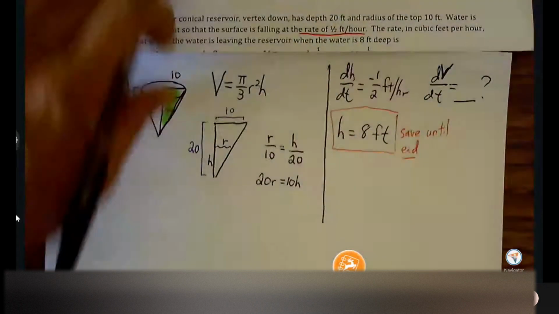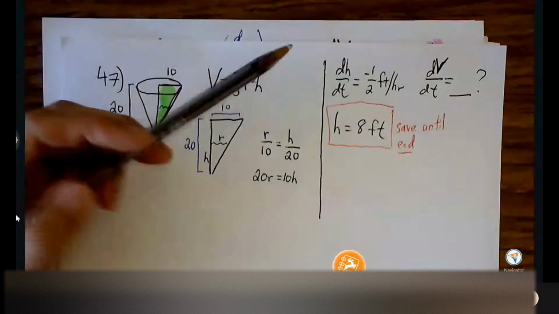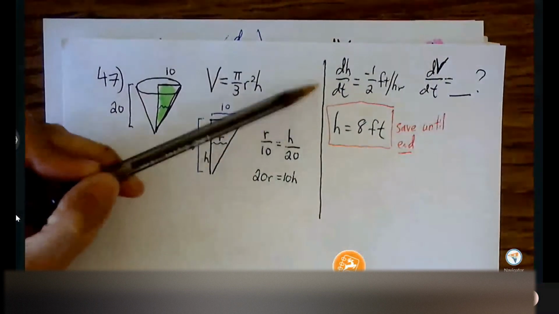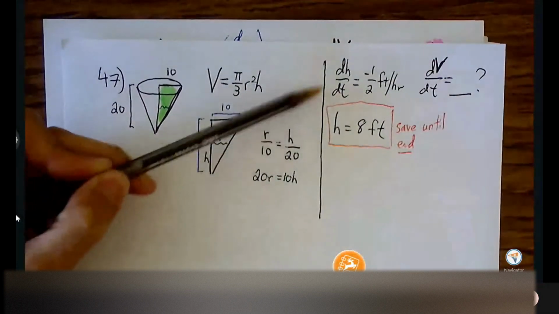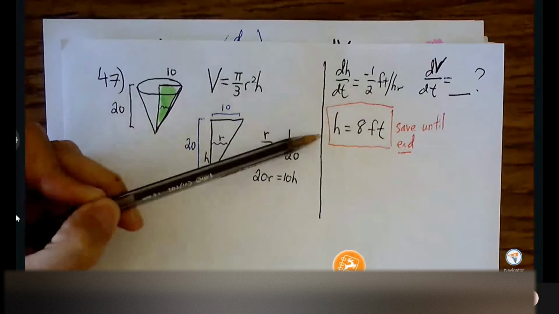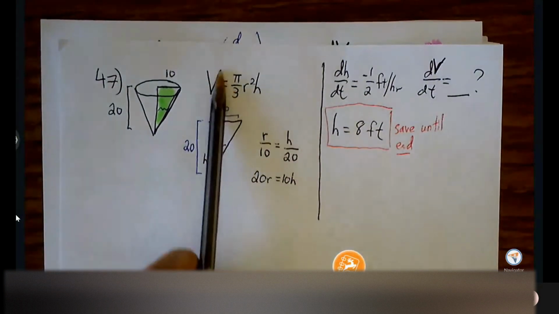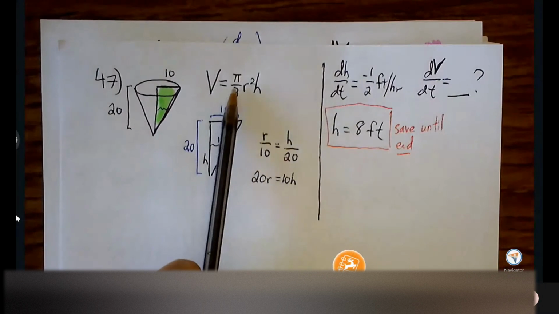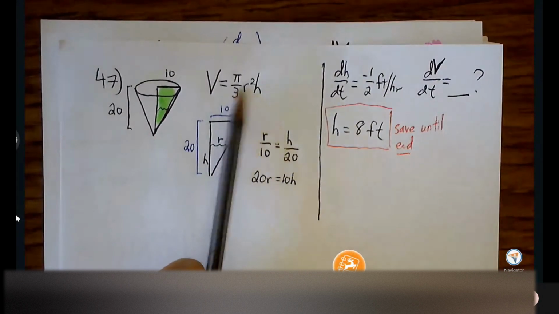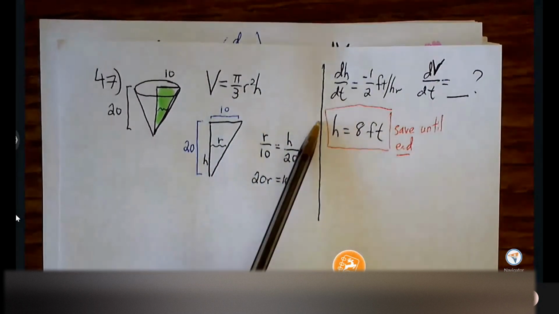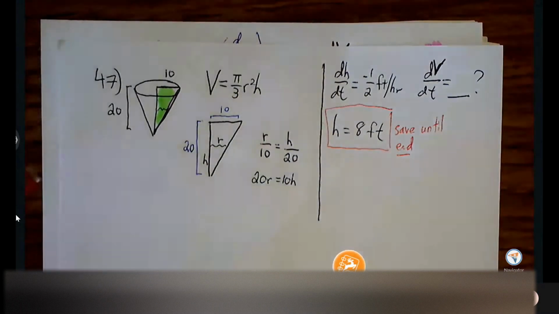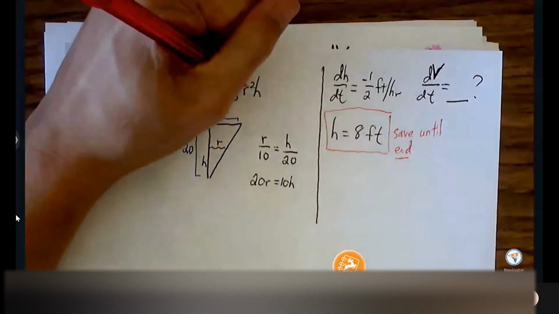But this information is important, though, because notice the information given to us, h and dH/dt, these are all h related, which means that the most efficient path to our answer is if we get our equation in terms of h, and that way the h and dH/dt will just naturally show up for us to use. So what that tells us is that we want to find a replacement for r.